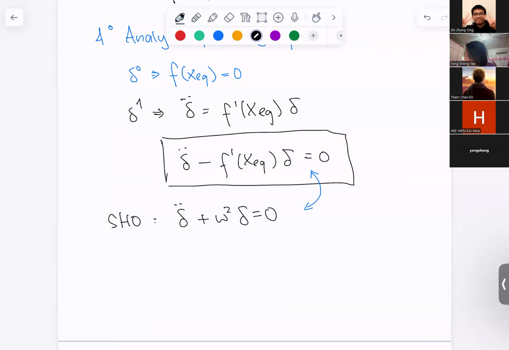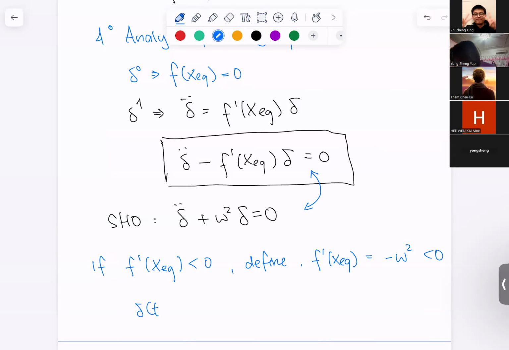If f prime of x eq is smaller than zero, then I can define f prime of x eq equal to negative omega squared, because omega squared is positive and with the minus, this is smaller than zero.